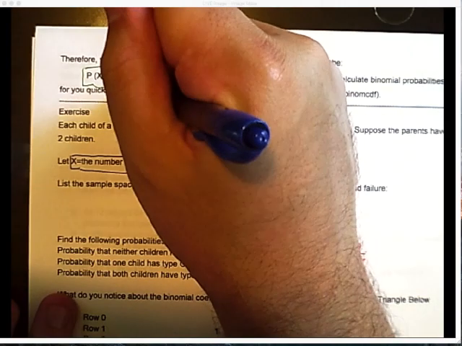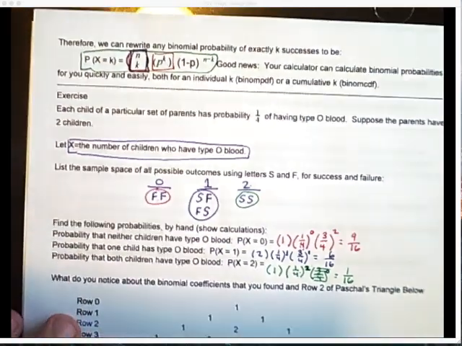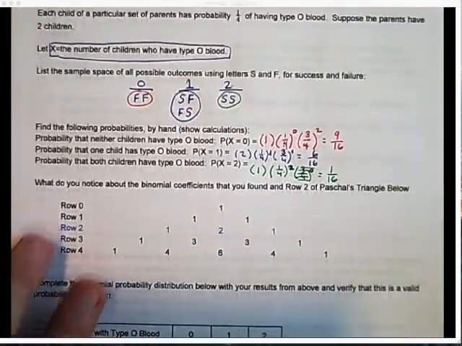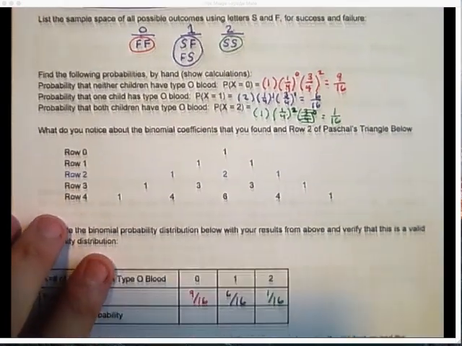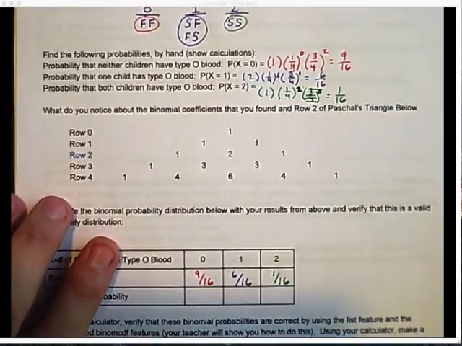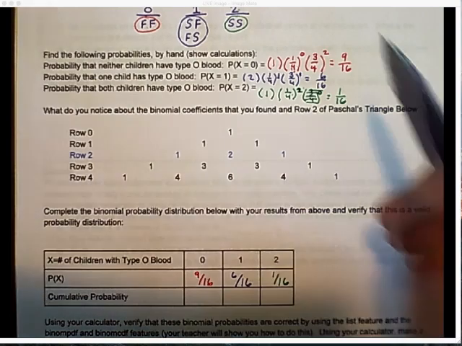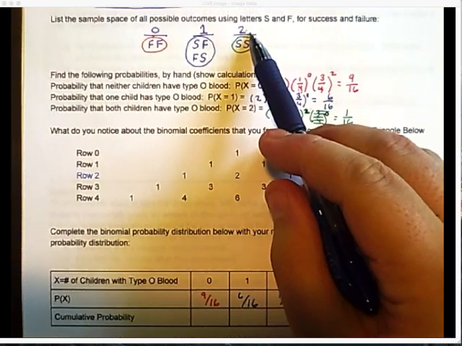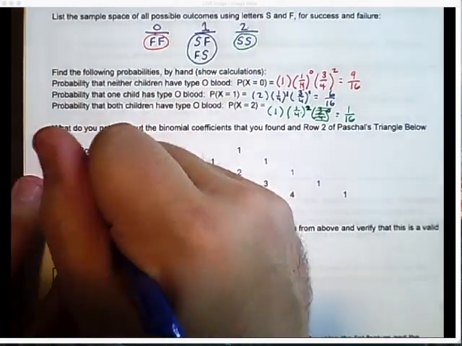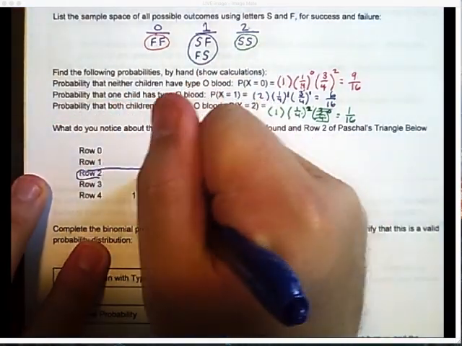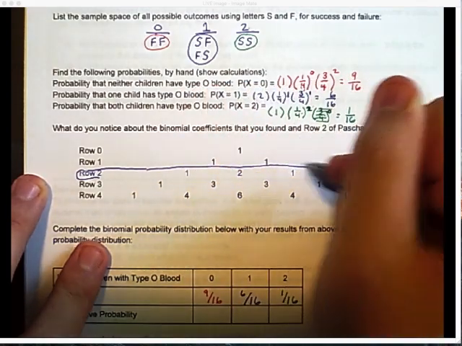Another way to figure that out, other than using the formula, is to use Pascal's triangle. If the fixed number of trials is 2, then we would use row 2 of Pascal's triangle.